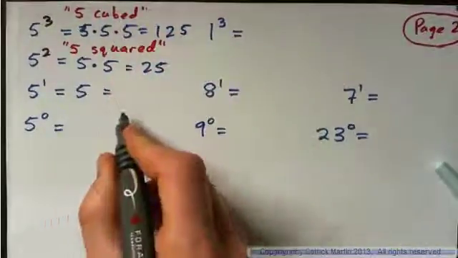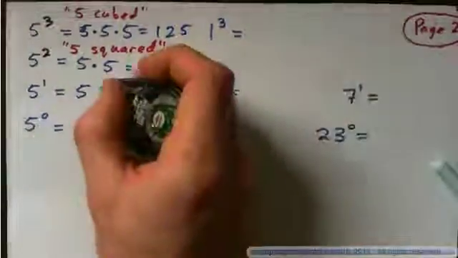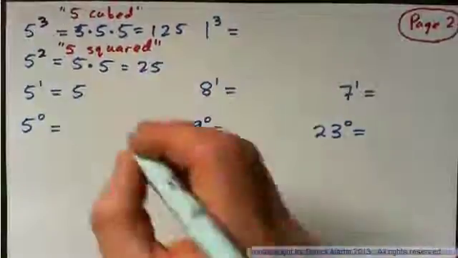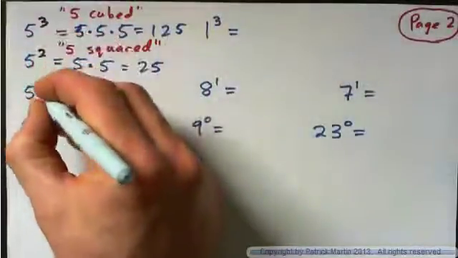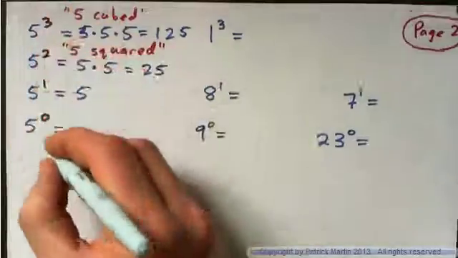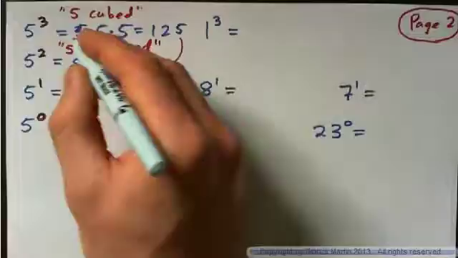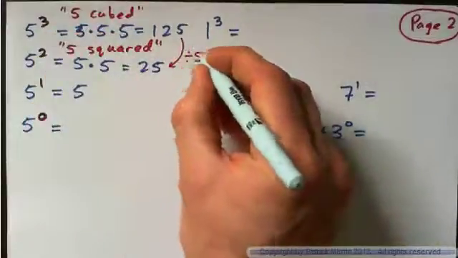To get 5 to the power of 0, we simply look at this as a sequence that goes 5 cubed, 5 squared, 5 to the power of 1, then 0. The numbers go down by 1 each time. And to go from here to here to here, we just divide by 5. Each time we drop a number, we divide by 5.